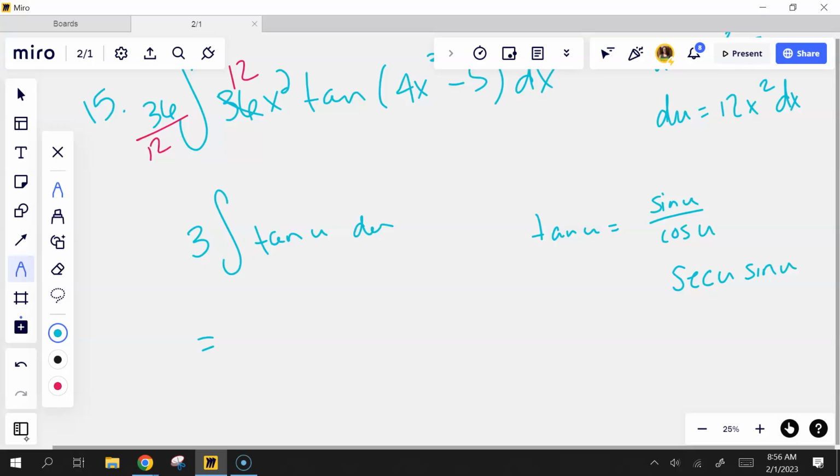Oh, this one's hard. Did anybody get this one? You did? Okay, let me try to work backwards. Where's the log?